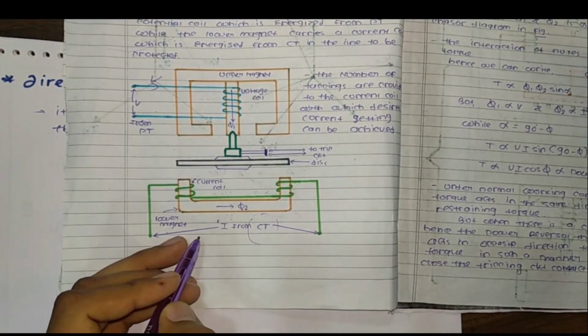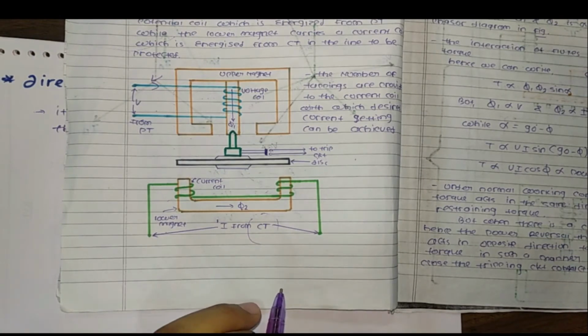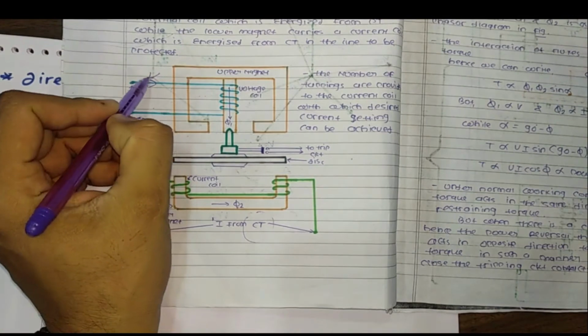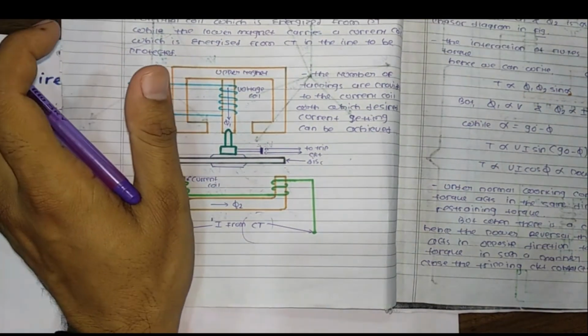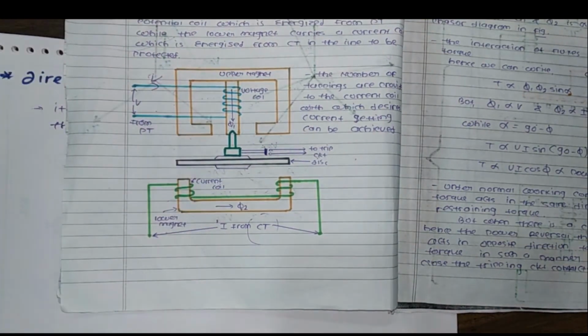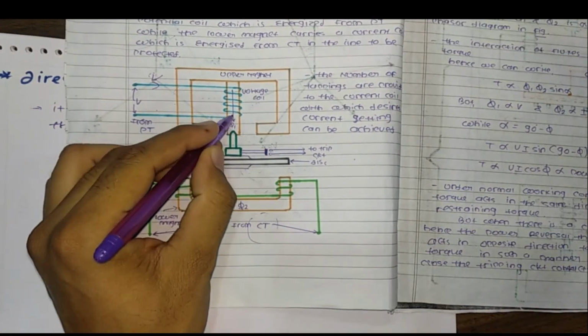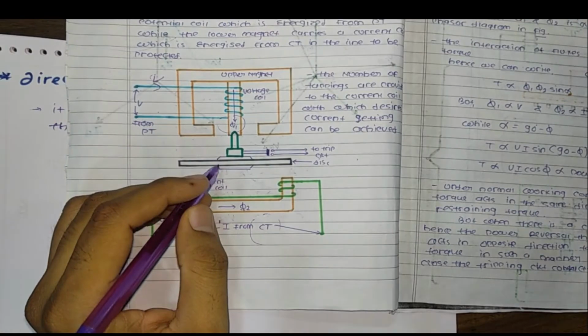This is in phase with current I, and the current I lags behind the applied voltage V by an angle phi. This stuff we already know. Fine. So the angle between phi1 and phi2 is alpha.